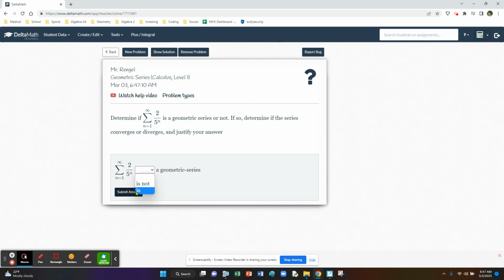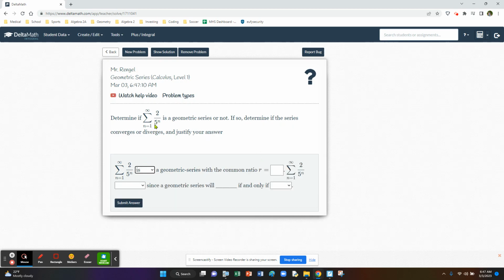This one has a common multiplier of 1/5 as it goes. So 2 is your starting point, and then we're multiplying by a common multiplier of 1/5. So my common ratio is 1/5, because 2 times 1/5 would give me that 2/5, but then 2 would represent the first term in my series.